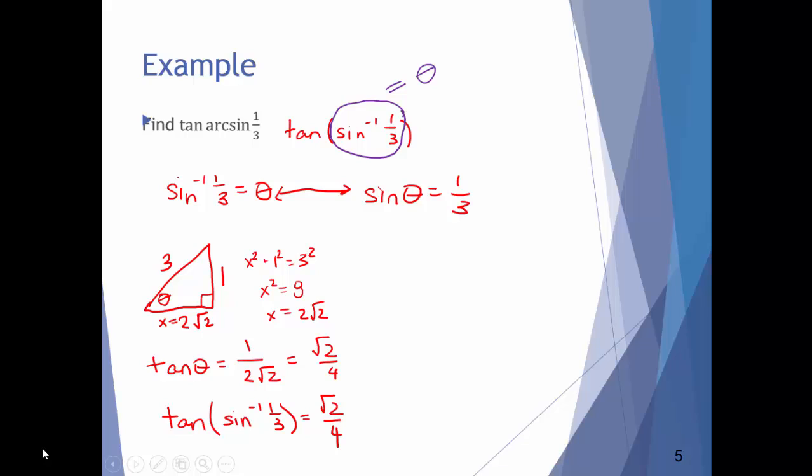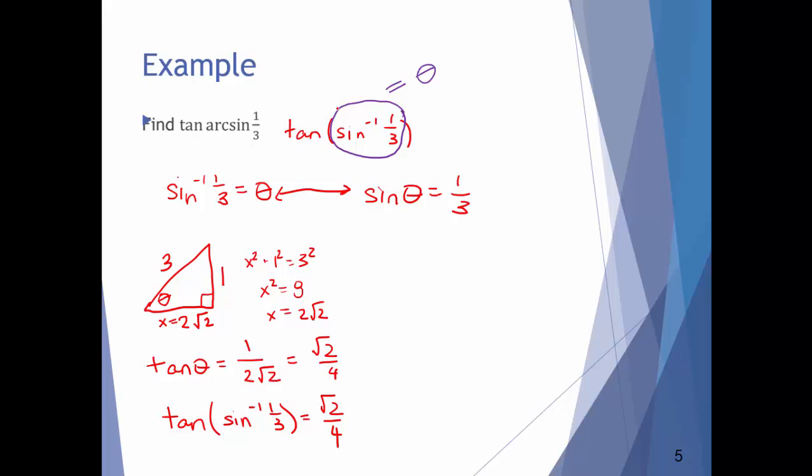And notice a couple of things. One, we still don't know what theta was. We don't know the measurement of that angle, other than we know it's between negative pi over 2 and pi over 2. But frankly, we don't need to know. We didn't need theta in order to answer this question because of the fact that our original question was a composition.